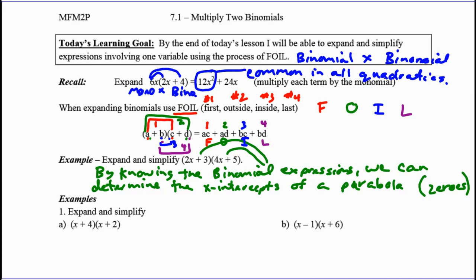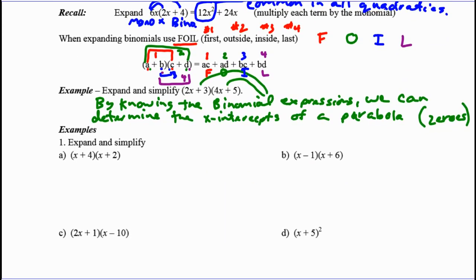So let's give a couple practice questions. All right, I'll stick with our colors here. FOIL: F, O, I, L. So first, okay, x times x.